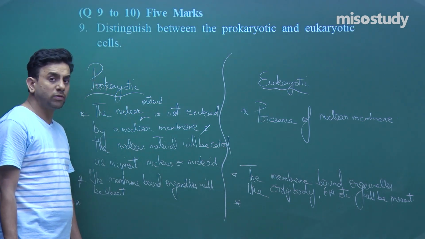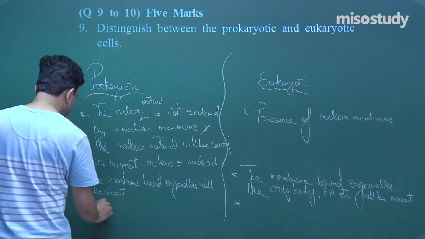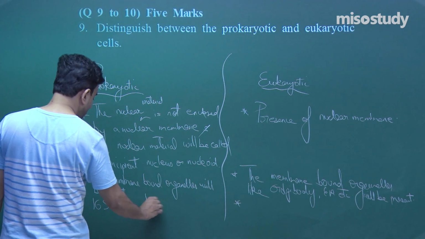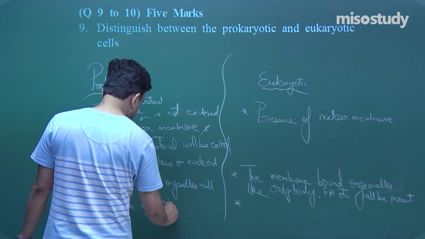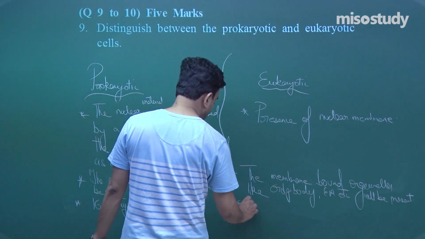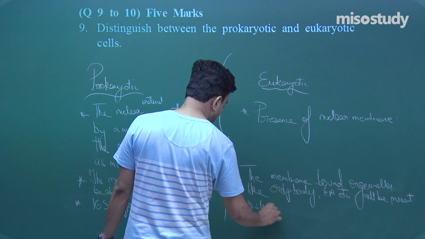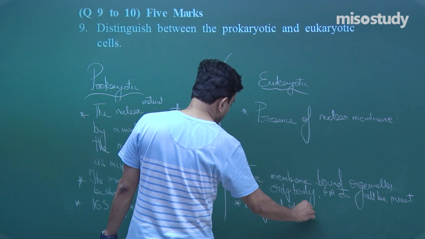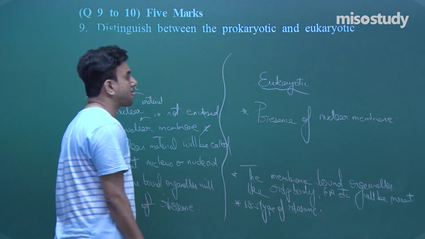Now ribosomes will be present in both. Over here the ribosome will be 16S type, and over here the 18S type of ribosome will be found, right.